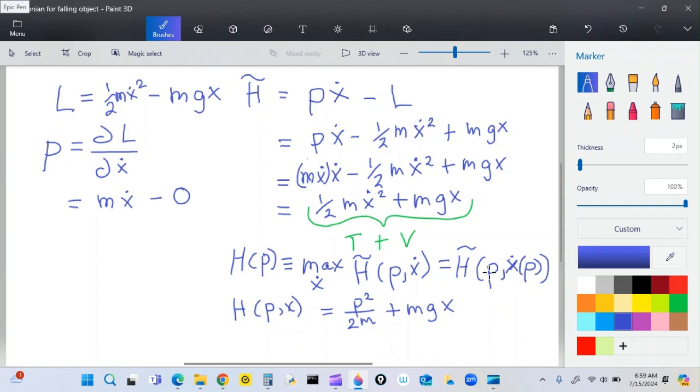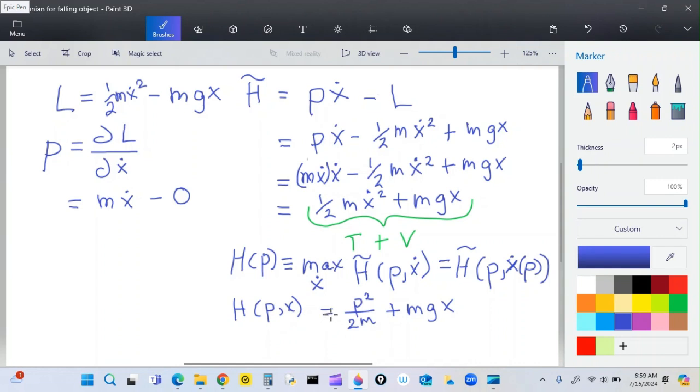Now, that gives us the extended Hamiltonian as a function of momentum, which is an independent variable, and x dot, which is a function of the momentum itself. So notice this is a functional, this is a variable. This is a little bit different. It's not just a simple maximum. So here we have H, which is a function of momentum and also x. That's not x dot, that's just x. So this is what Hamilton wanted to do, put all this stuff in terms of momentum and x.